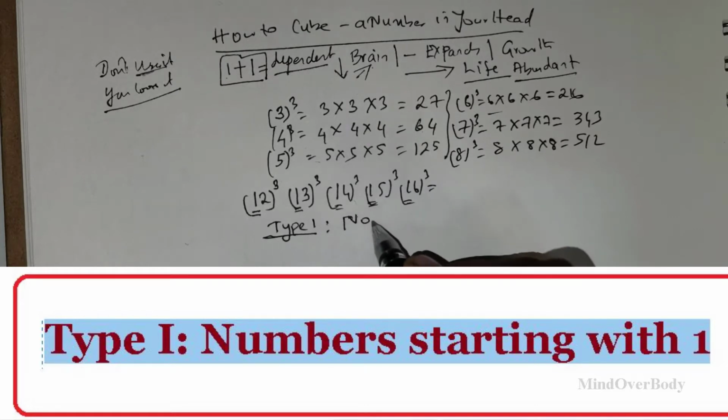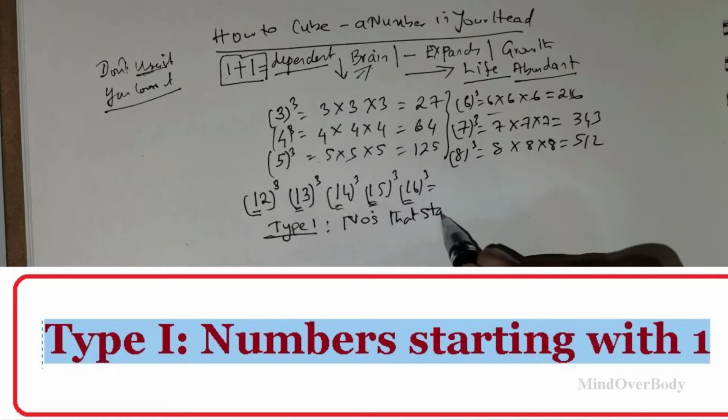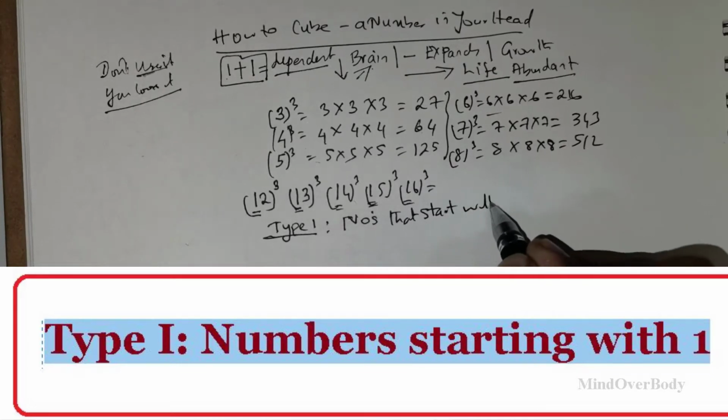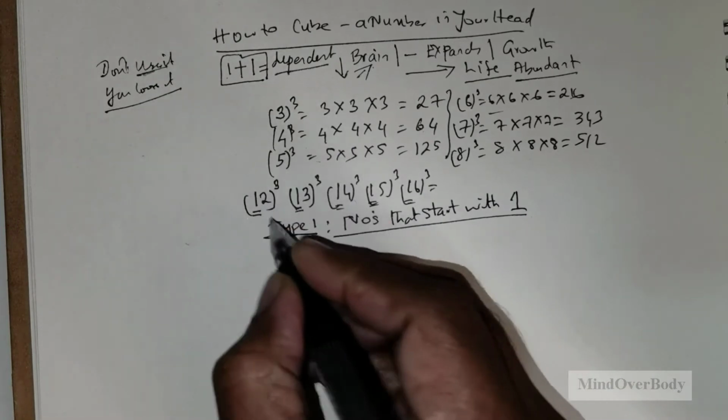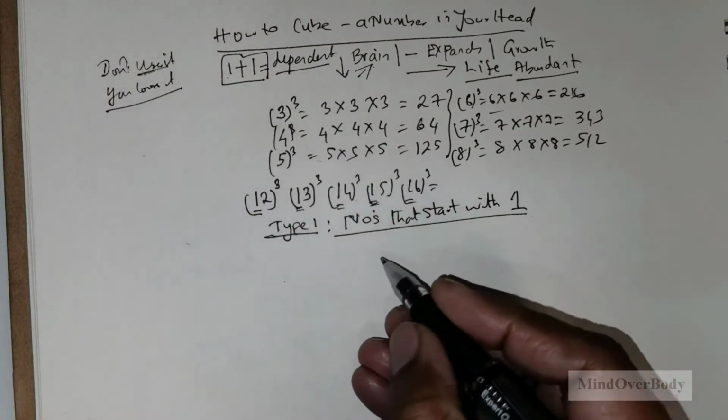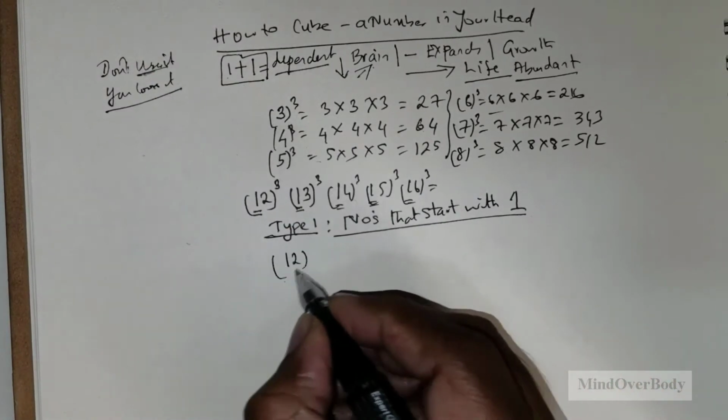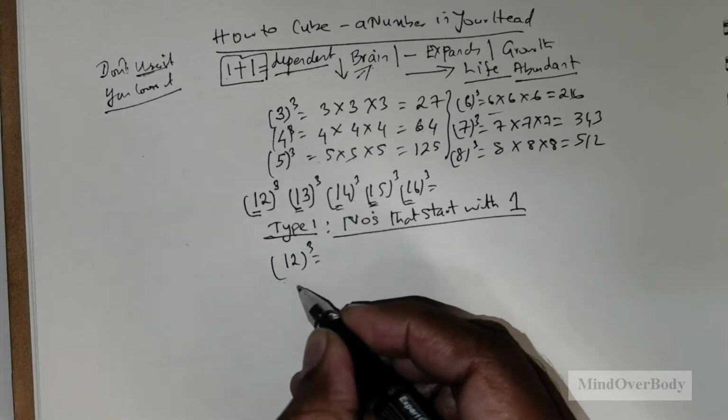Numbers that start with 1. So you are given 12 cubed, and you are expected to find the cube of this quantity.